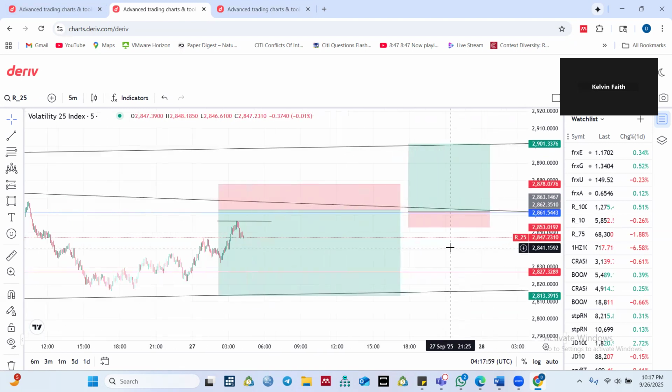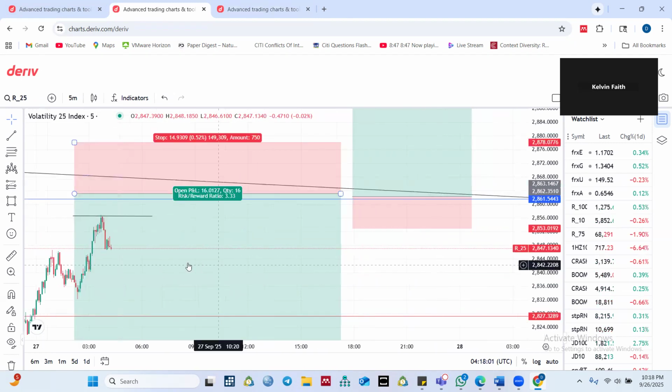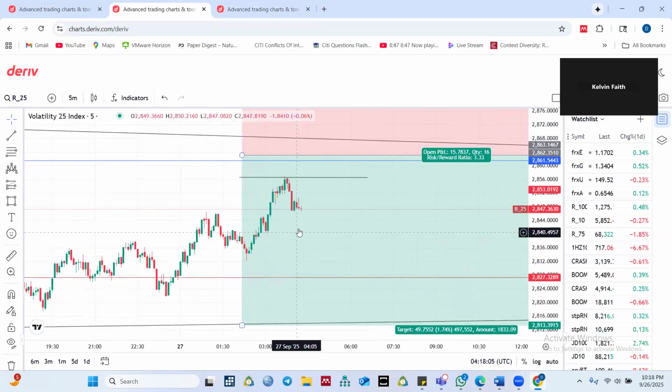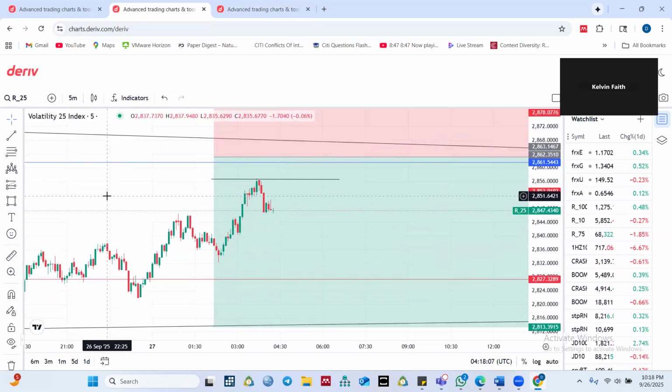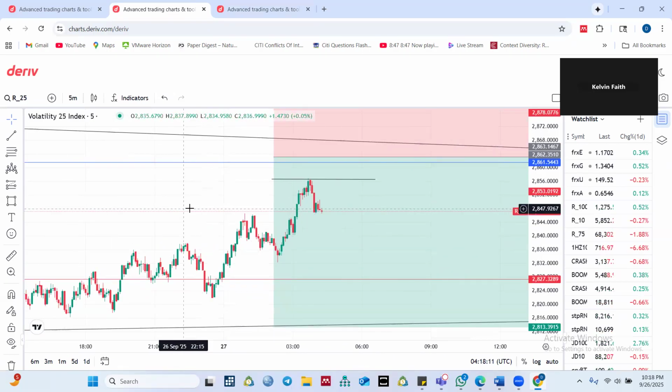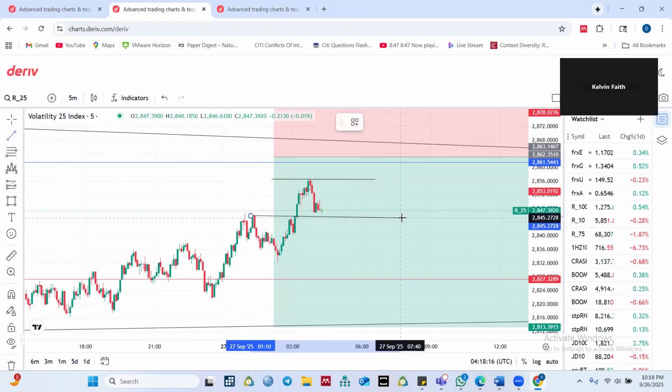Let's check quickly on the 25 index. Okay, so the 25 index is still pushing down. Good, it's pushing down to where I was expecting exactly. Let's see how it will react to these highs when it retests them.